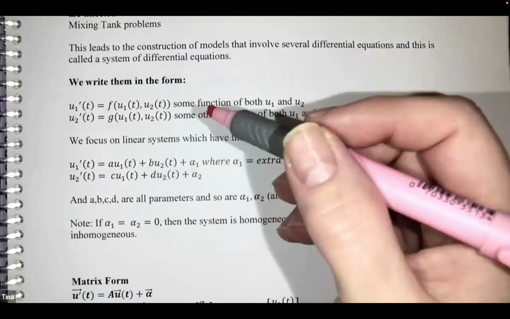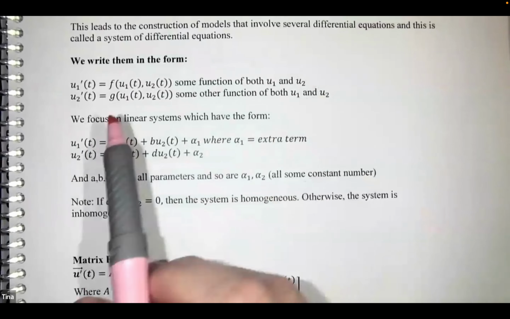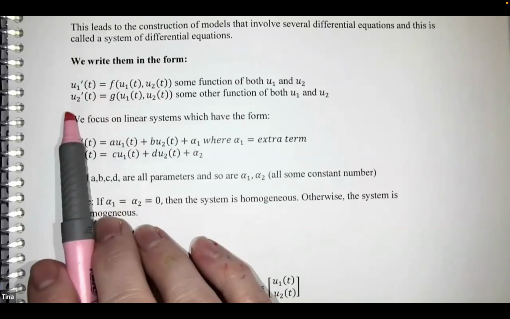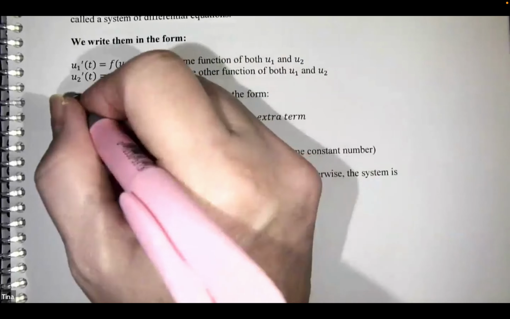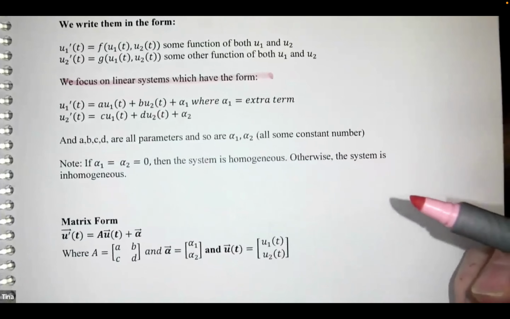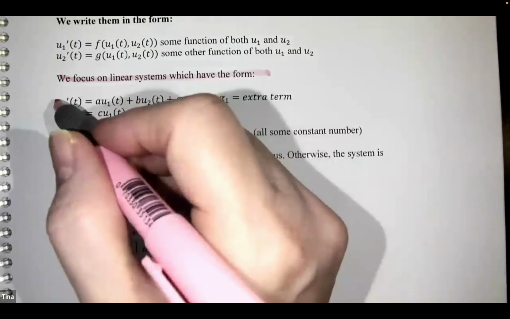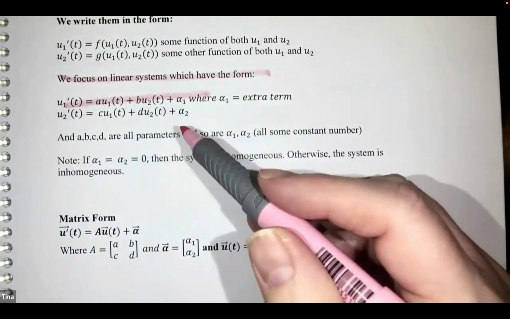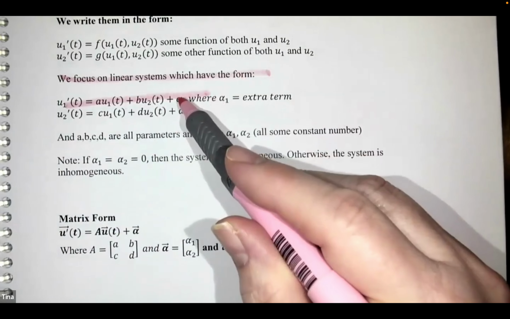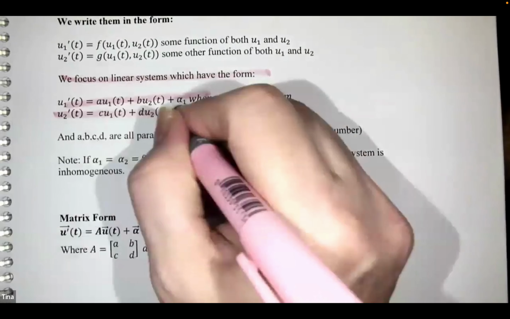So if we write them in a form, u1 prime of t, u2 prime of t, we can have different functions. If it's a linear system, which is only what we're going to solve, then we have u1 prime of t is a u1 of t plus b u2 of t plus some extra term, which could be like the number 3.